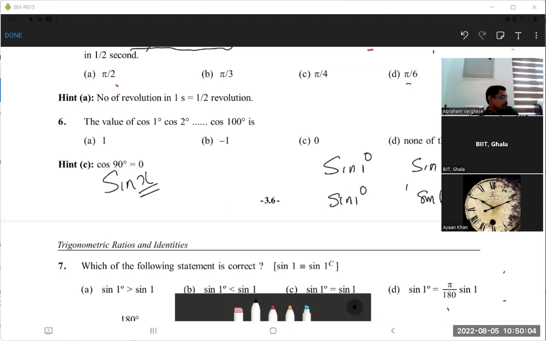Sine 60 degree will be more. Can you give me the reason for this? Why sine 60 degree will be more than sine 1 degree? Question is clear?